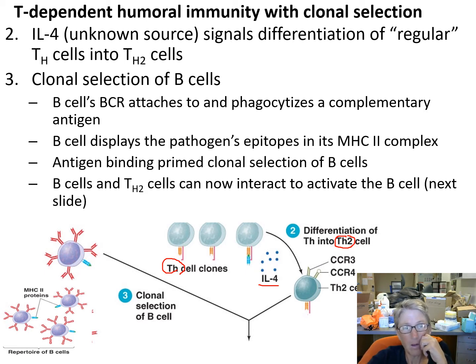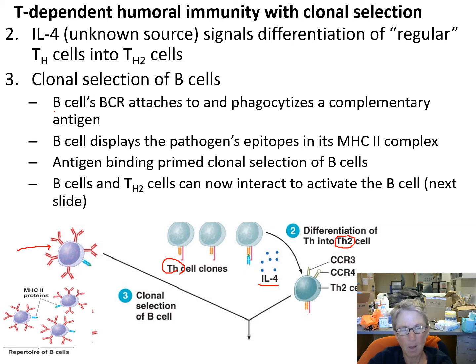Okay, and then while that's going on, you've got the B cells over here. The B cell receptor attaches to and phagocytoses a complementary antigen. So just like with the dendritic cell, they're not showing you what happened upstream of this cartoon.